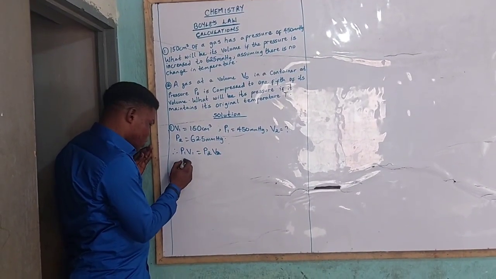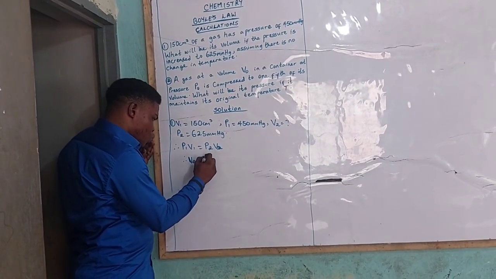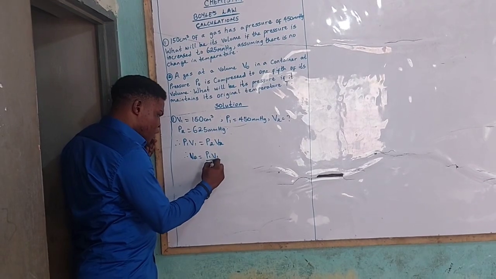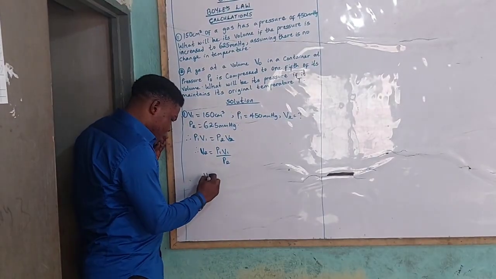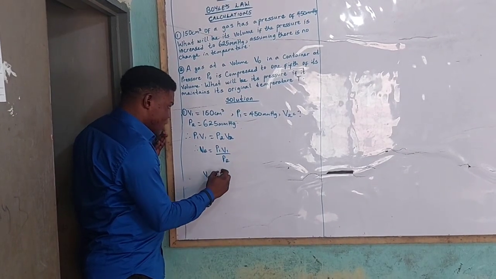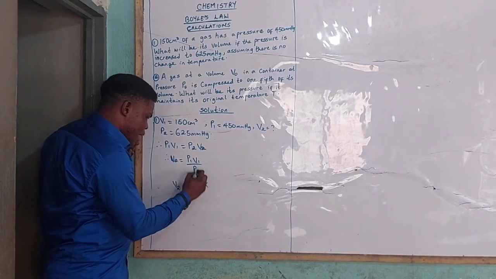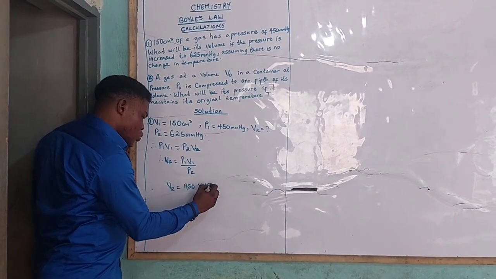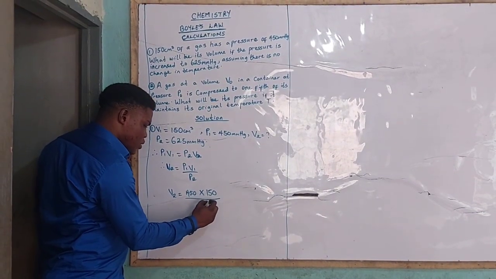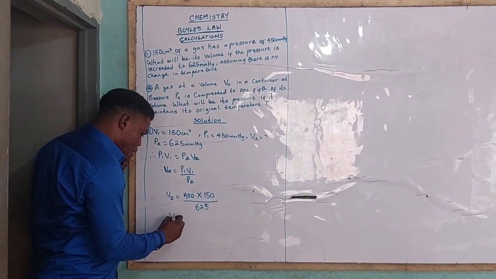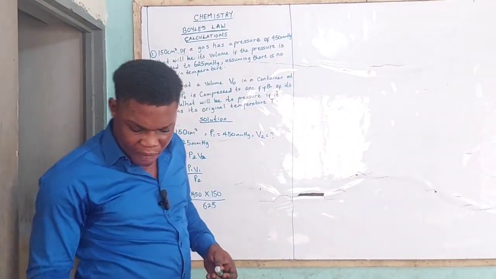So therefore V2 will be equal to P1 V1 over P2. Now let's input the values to get V2. P1 is 450 millimeters of mercury, multiplied by V1, which is 150, over P2, which is 625.